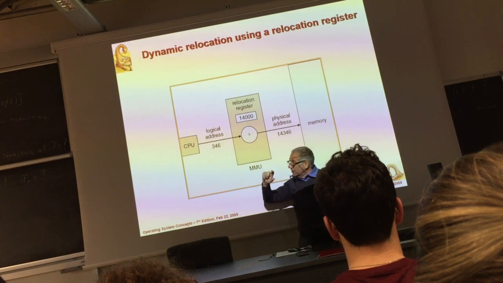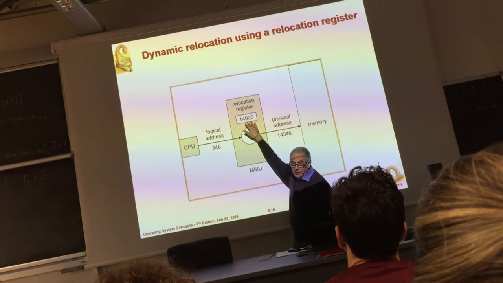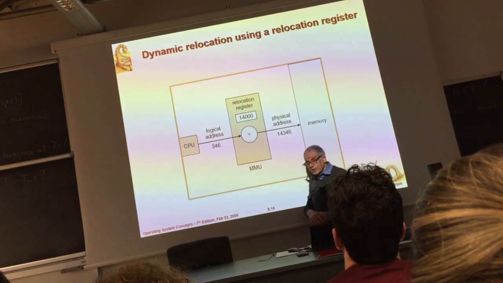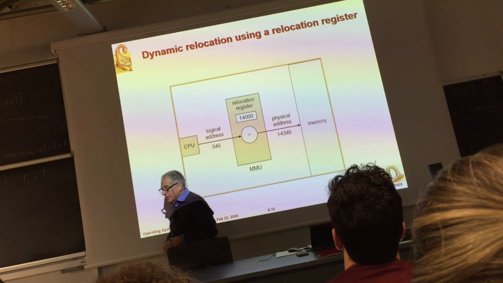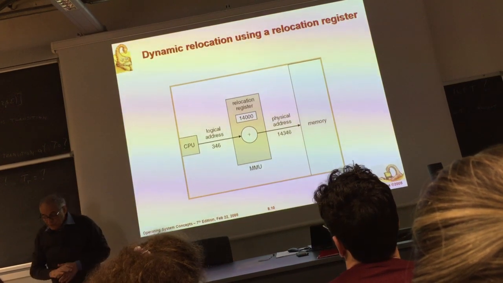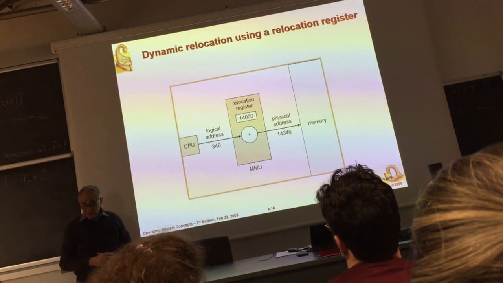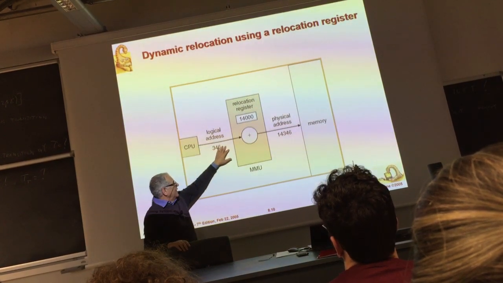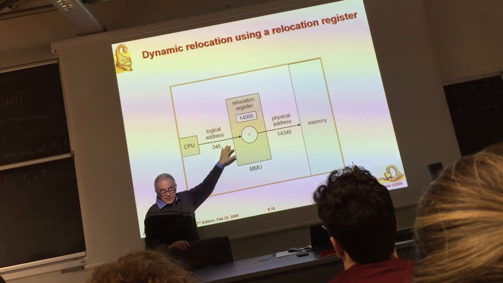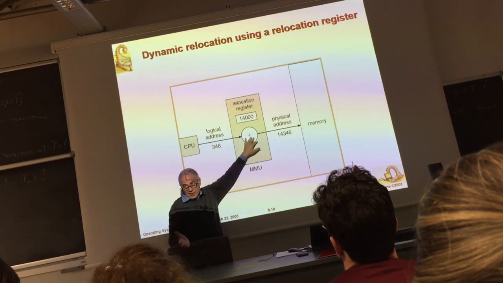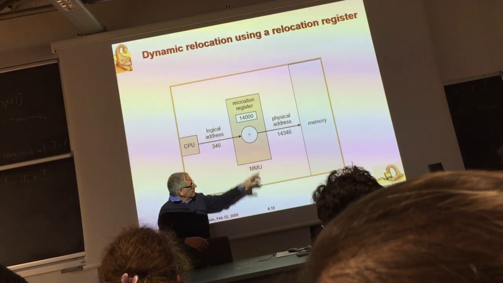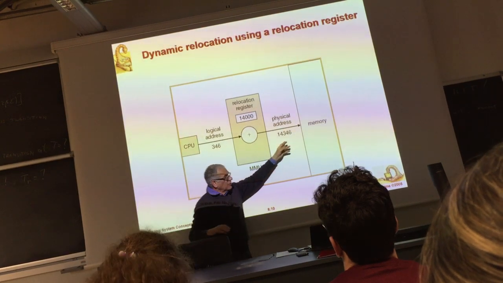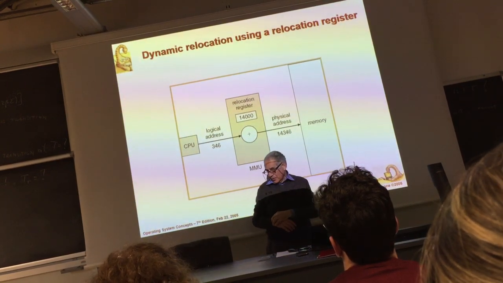So at the context switch, this relocation register is set up, in this case, to 14,000. Of course, no user may change the content of this register. It's protected. When the CPU generates 346 as an address, this is simply added to the relocation register value to produce the physical address.